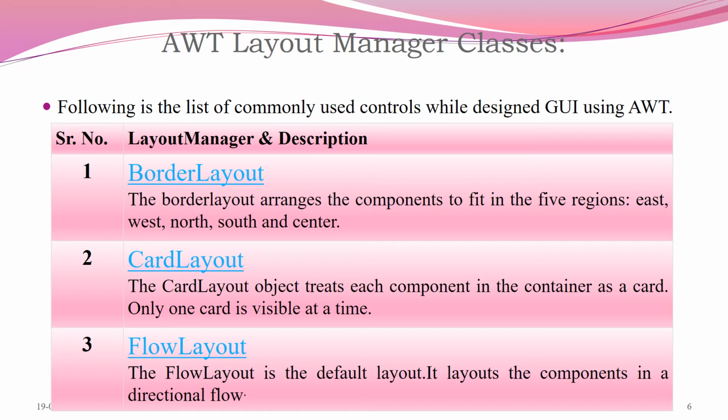The border layout arranges the components to fit in the 5 regions, that is east, west, north, south, and center. This means your window is divided in 5 regions: east, west, north, south, and center, and the components are arranged in the container or window using border layout.